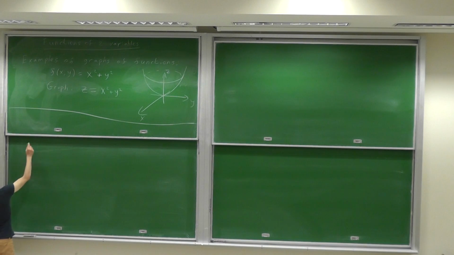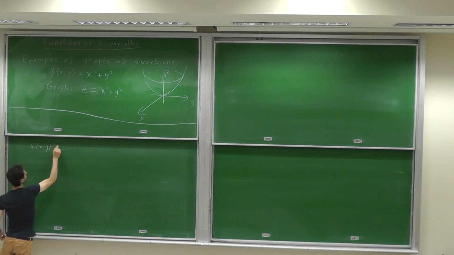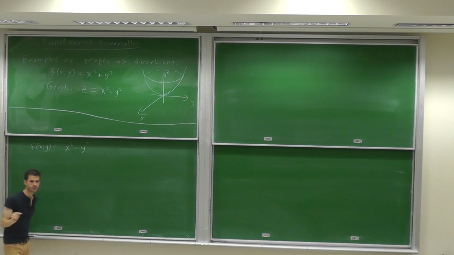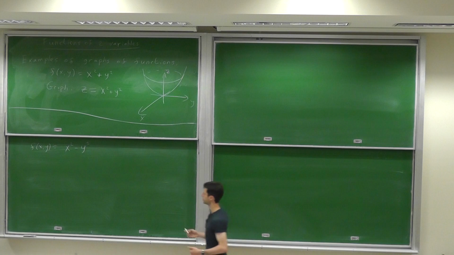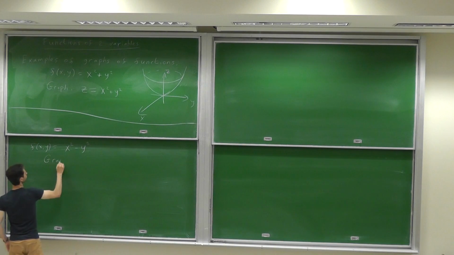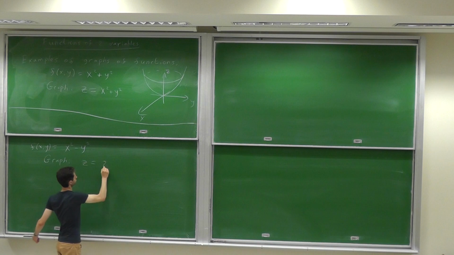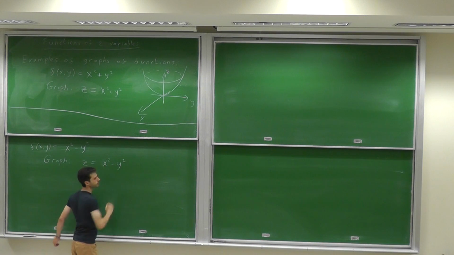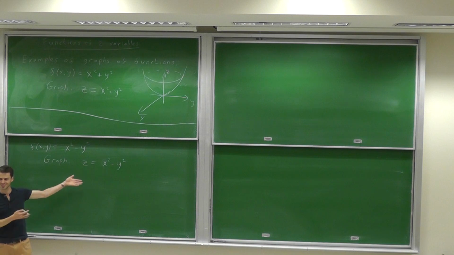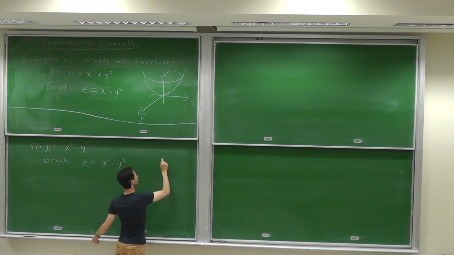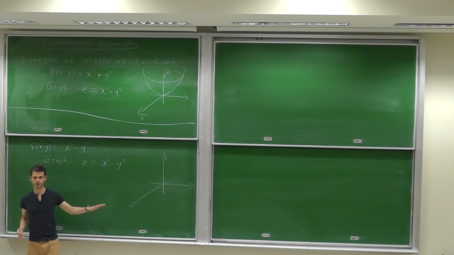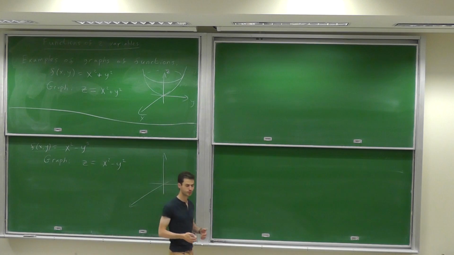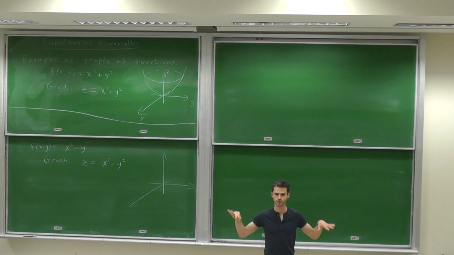Other examples. f of x comma y is x squared minus y squared. Once again, it is a function which we already have seen the graph of. So the graph is the surface z equals x squared minus y squared, and we've seen this surface a couple of minutes ago. In fact, the way to produce the surface on the computer is I asked the computer to plot the graph of the function.